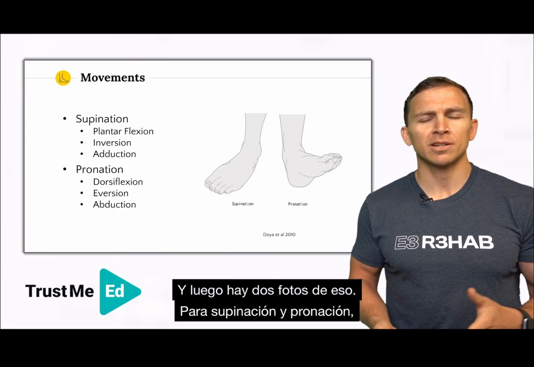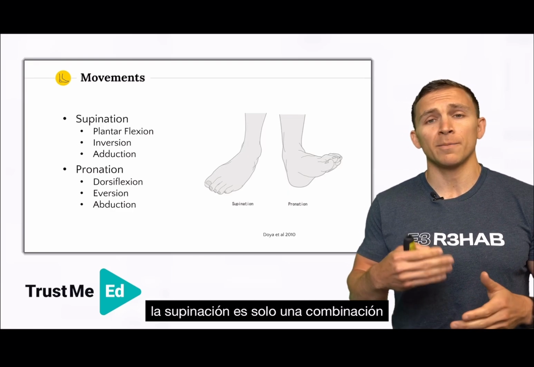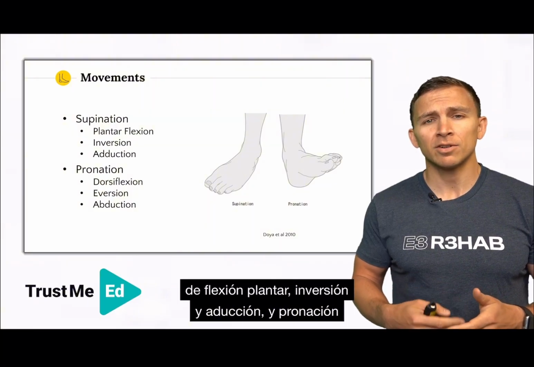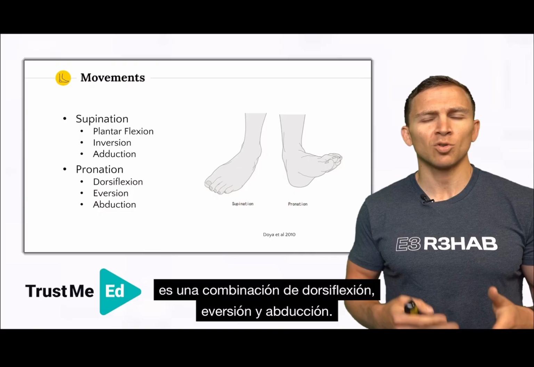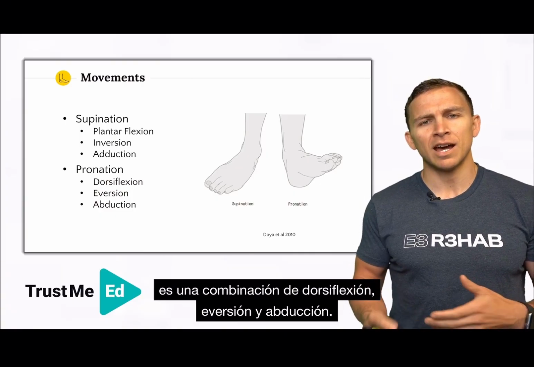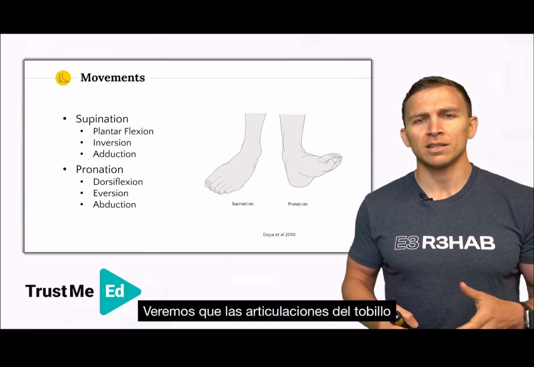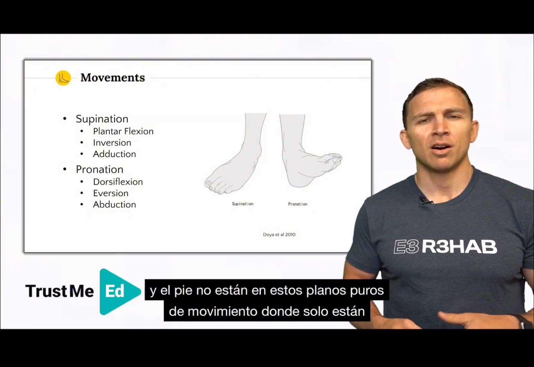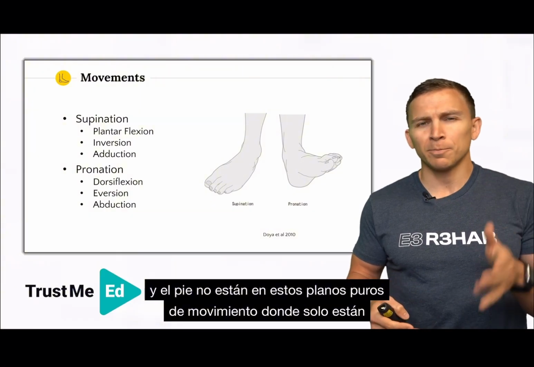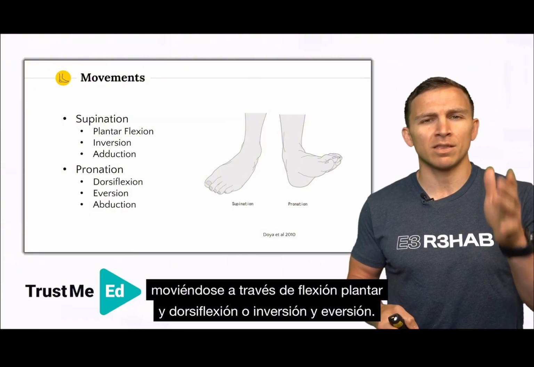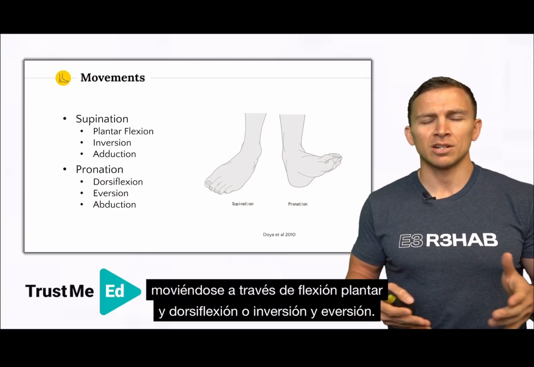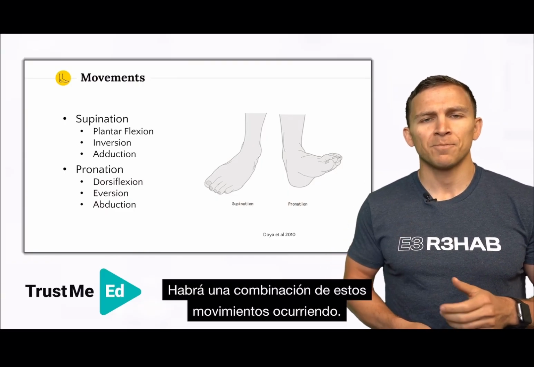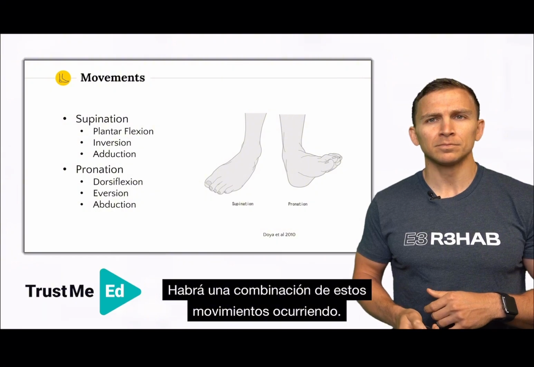For supination and pronation, supination is just a combination of plantar flexion, inversion and adduction, and pronation is a combination of dorsiflexion, eversion and abduction. We'll see that the joints of the ankle and foot aren't in these pure planes of motion where they're only moving through plantar flexion and dorsiflexion or inversion and eversion. There's going to be a combination of these movements occurring.